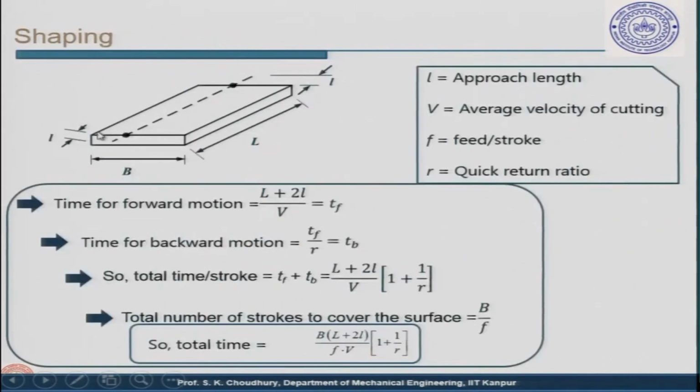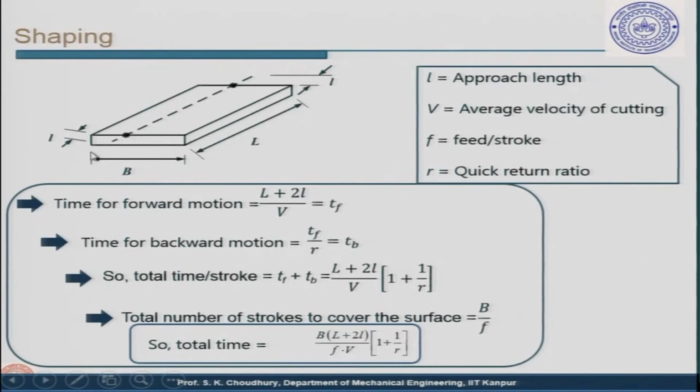In case of shaping, if we have to calculate the total time taken to machine a part, this is a little different from turning, because here we have to take care of the strokes, and a few strokes will make the complete machining of, let us say, the work piece. The tool remains somewhere, and when it comes from the initial position to contact with the workpiece, it moves at a higher speed, because it is moving in the air, and then it moves at a certain speed, which is the cutting speed.